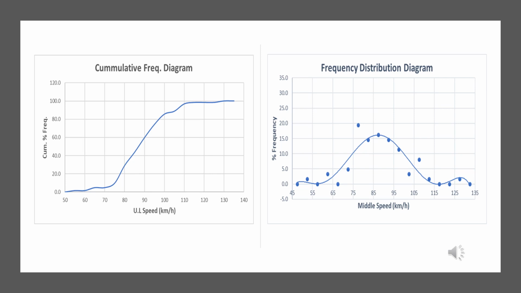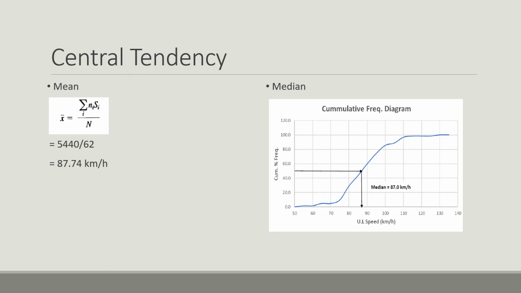Also, we plotted the cumulative frequency distribution curve by plotting the upper limit speed on the x-axis and the cumulative percentage frequency on the y-axis. From the frequency distribution table, we found central tendency parameters. Central tendency is defined as the approximate middle or center of data.